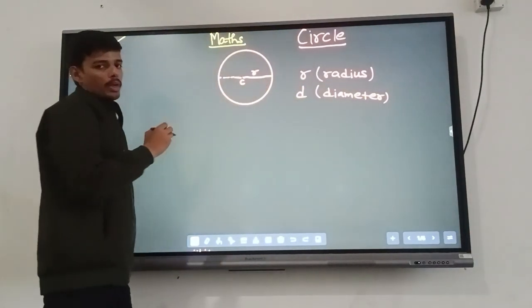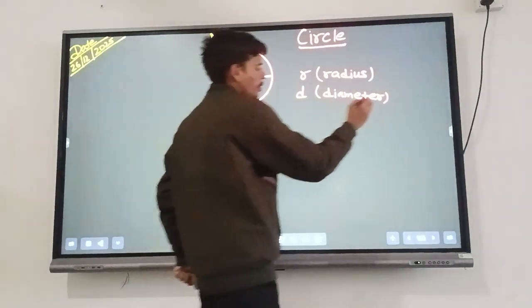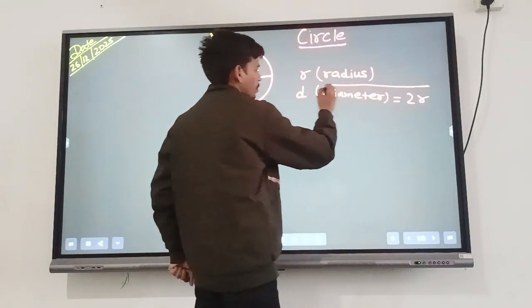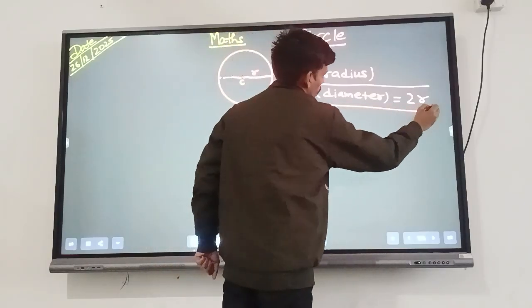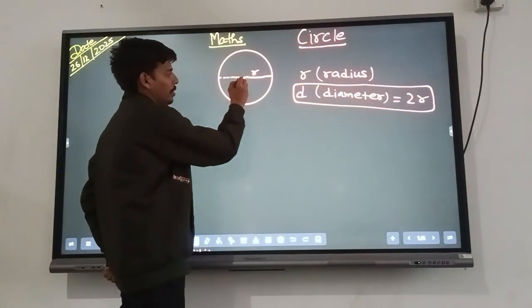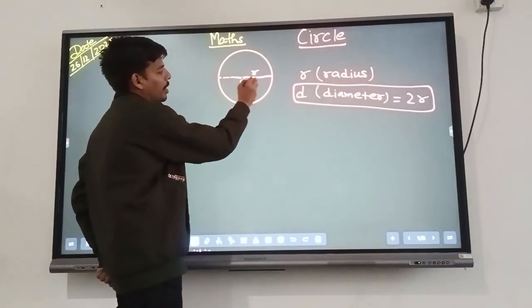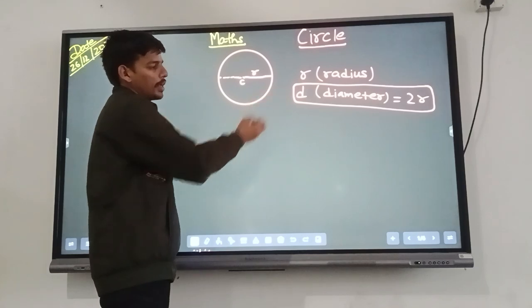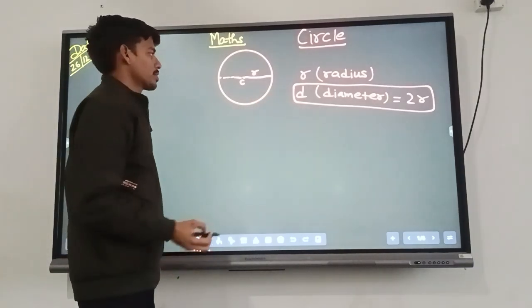Diameter is double of radius. So D equal to 2R. This is radius and the total line is known as diameter, means the diameter is double of radius.